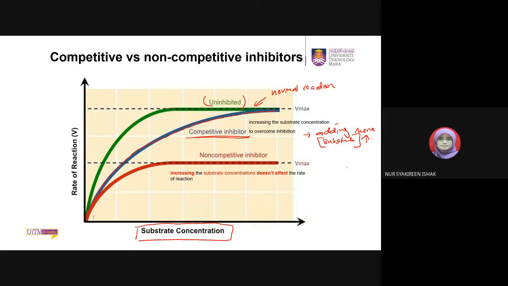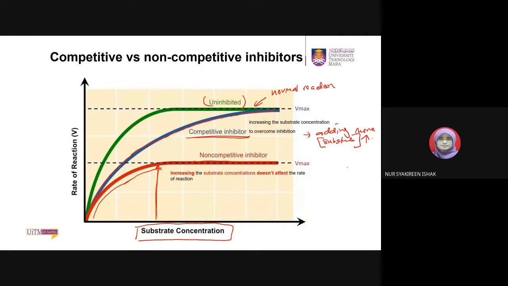But for the red graph here, as you can see, the reaction rate slows down even more and it stops at a certain point. Okay, like for example here, sampai sini dia akan stop. So it shows you for the non-competitive inhibitor, because it binds to the allosteric site of the enzyme, dia tak kisah pun pasal active site.